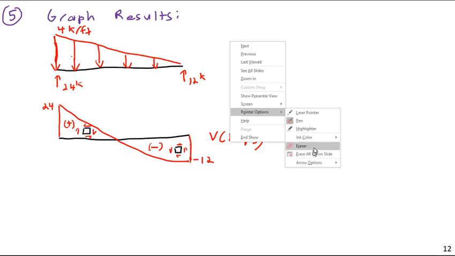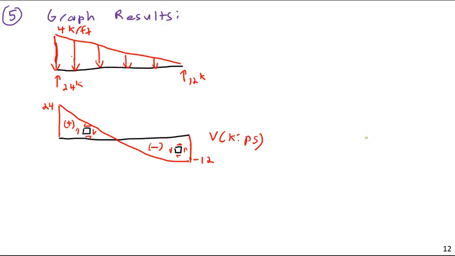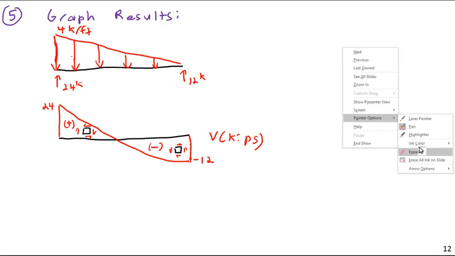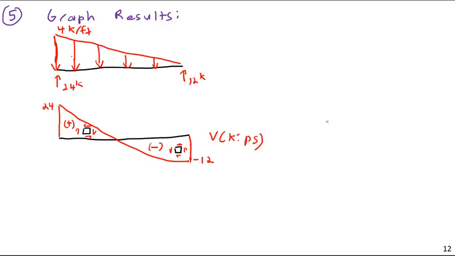And we do need to be cognizant of the derivative relationships here. So we do need to remember that dV over dx is negative w of x, and dM over dx is equal to V of x. So when w is 0, you might be wondering, how did I know this?